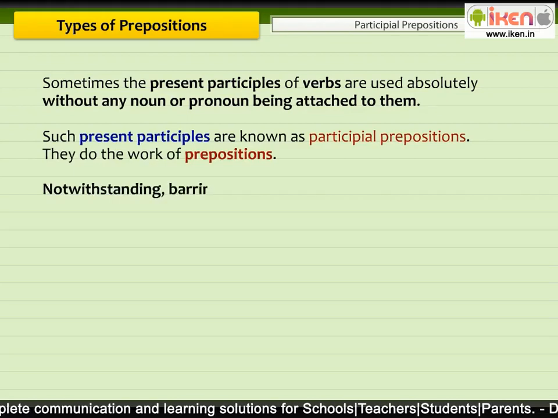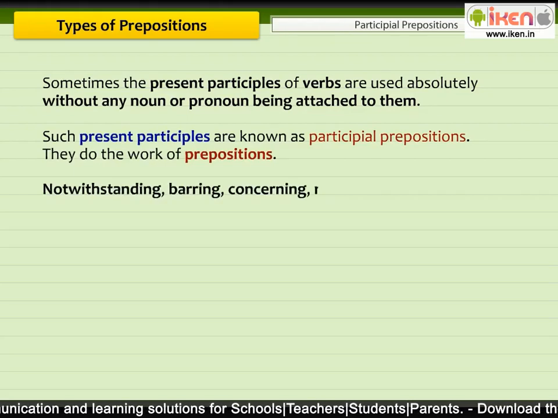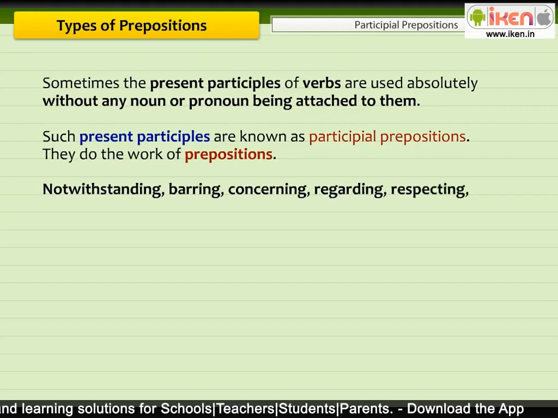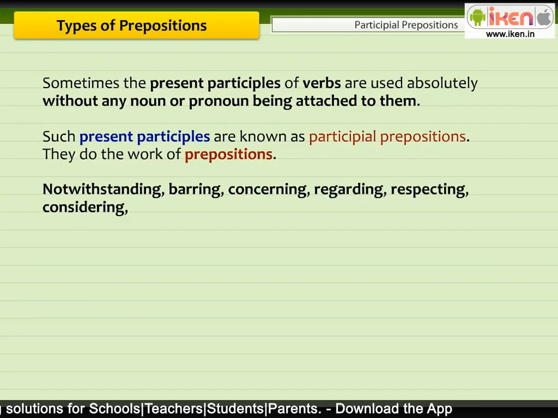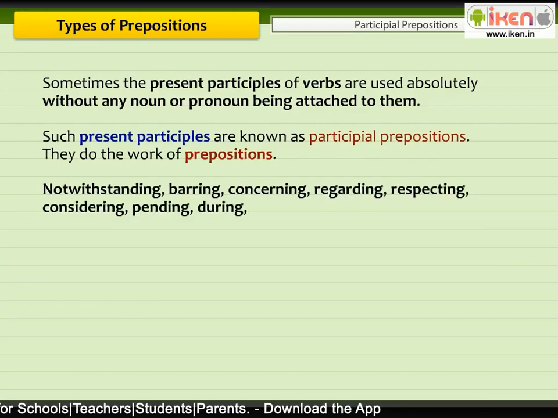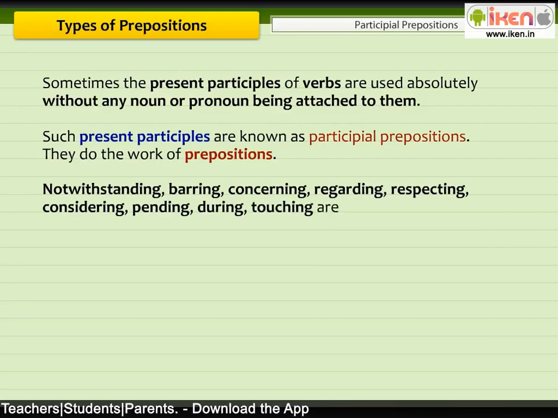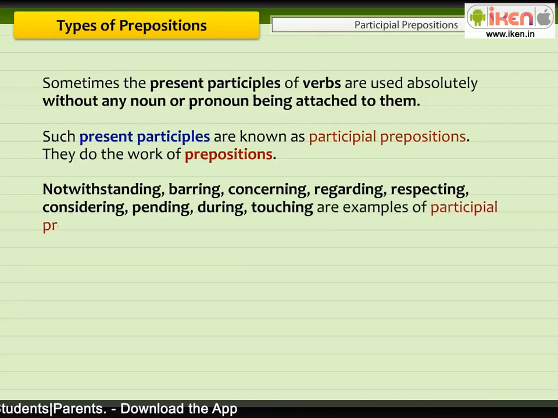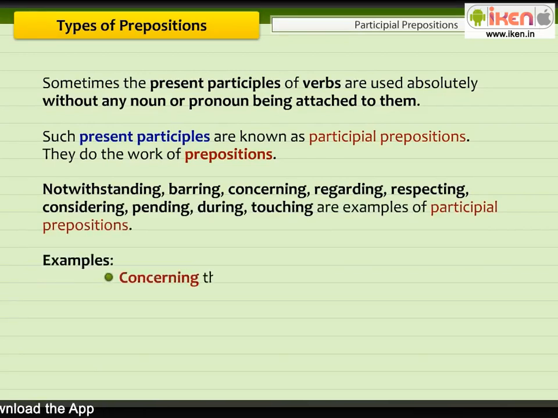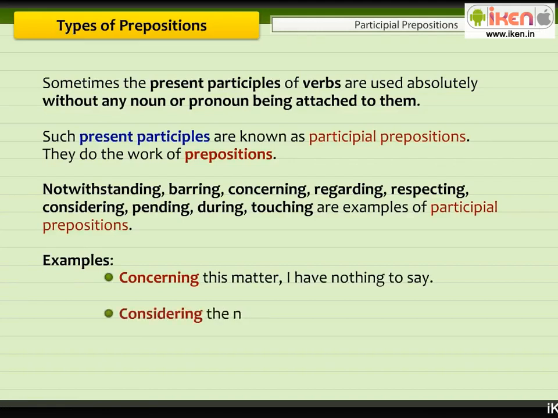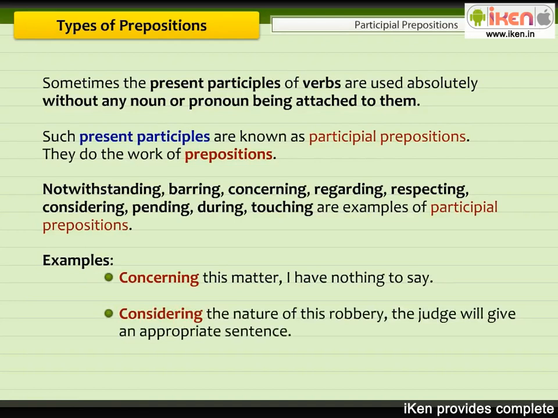Notwithstanding, barring, concerning, regarding, respecting, considering, pending, during, touching are examples of participial prepositions. For examples, concerning this matter, I have nothing to say. Considering the nature of this robbery, the judge will give an appropriate sentence.